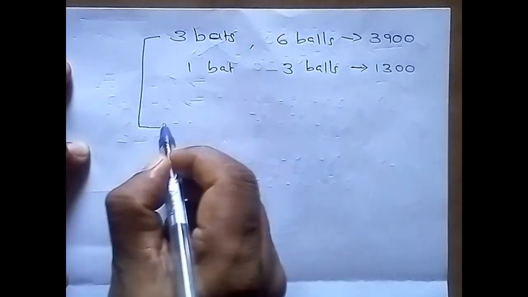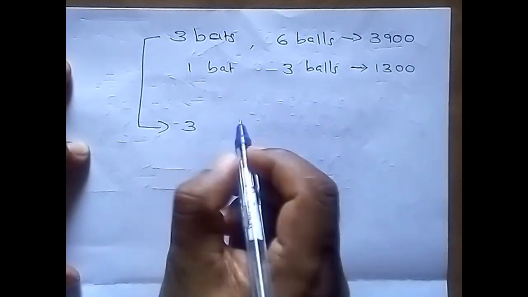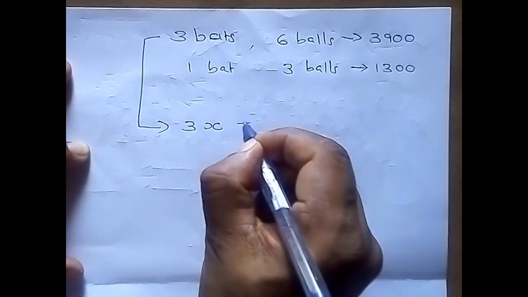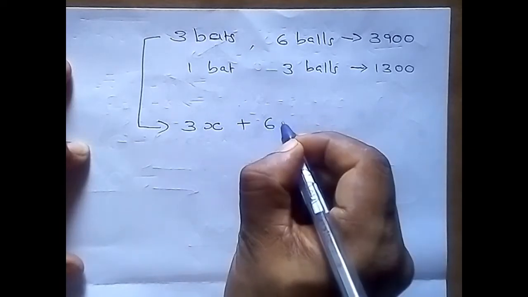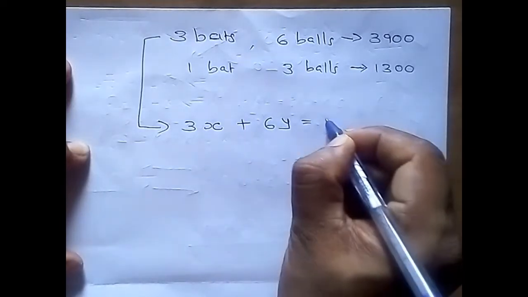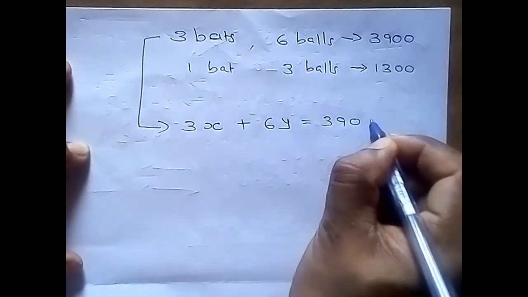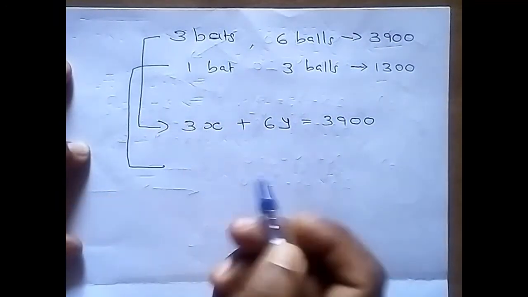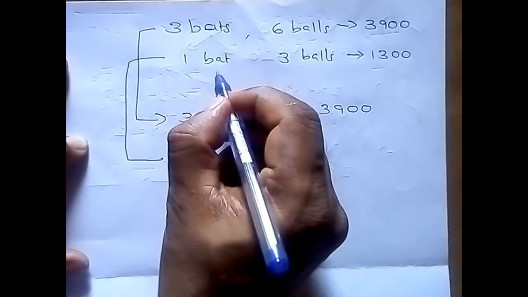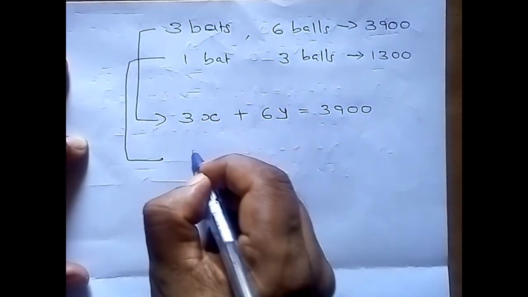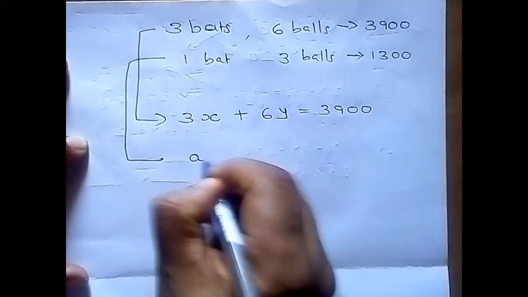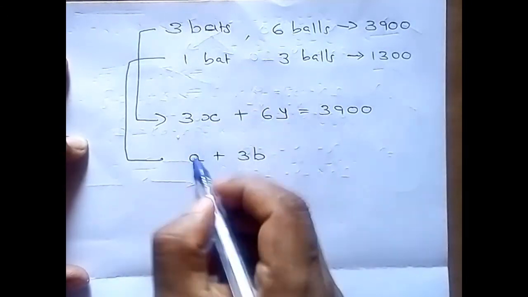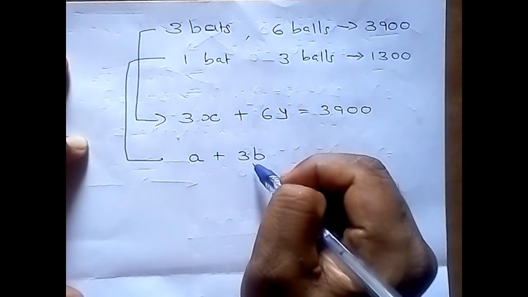So this can be written as 3 bats. Suppose the cost of a bat we take as x and the ball y: 3x plus 6y is equal to 3,900. This happened later, so we can take it as a and b, where the cost of a bat is a and the cost of a ball is b.